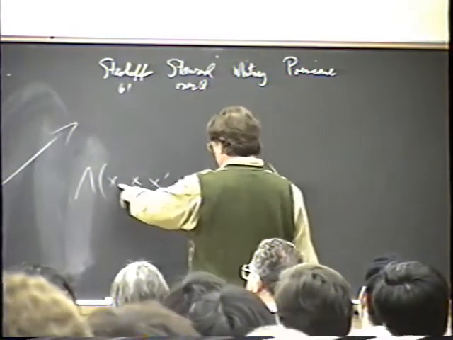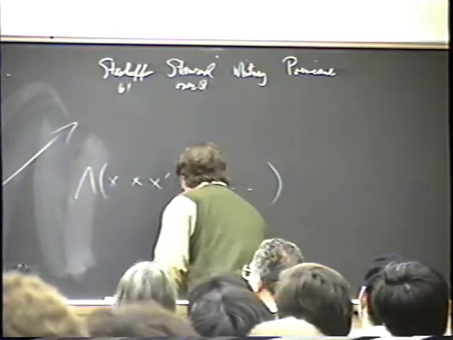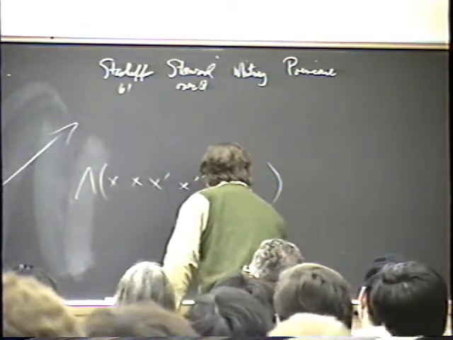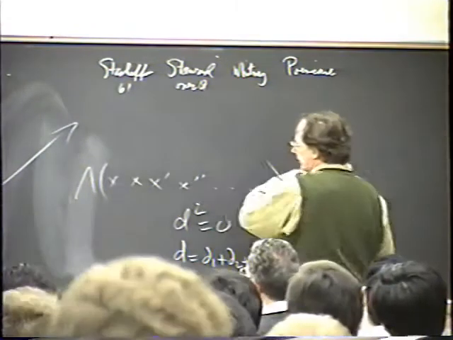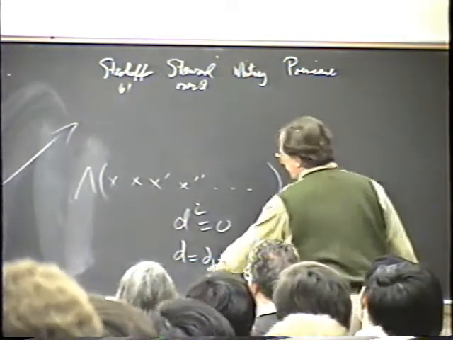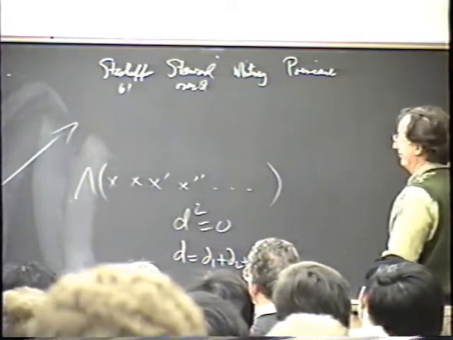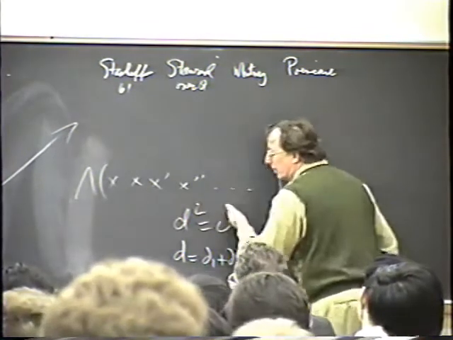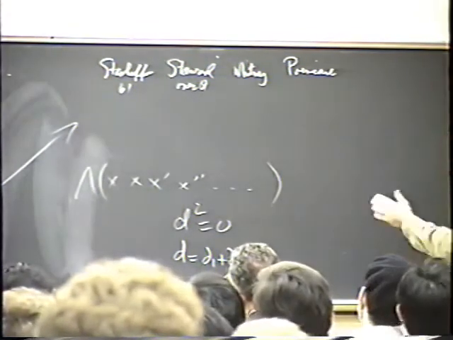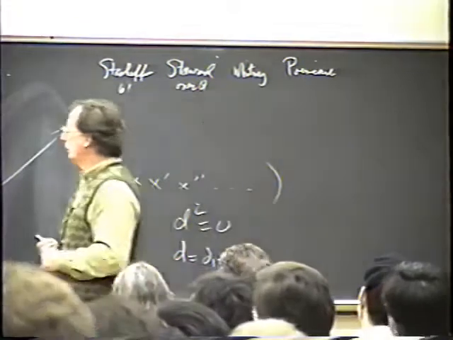And now again, this D is a sum of things. Now this globally computes the cohomology, but the first order term computes the homotopy. And then the second order term computes the ring structure on the homotopy, and so on. So this is part of this dual picture.